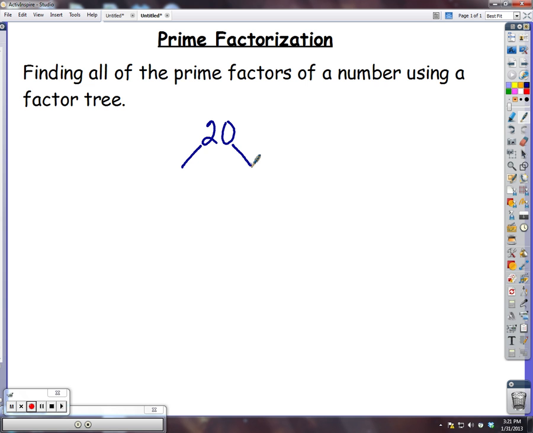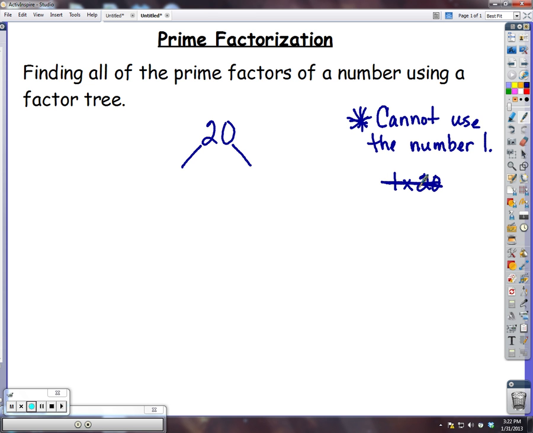The key thing to remember in a factor tree is that you cannot use the number 1. 1 is neither prime nor composite, so you never use the number 1 in a factor tree. So even though 1 times 20 does give you 20, we can't use this factor pair because it contains 1. So we do have a few other choices.